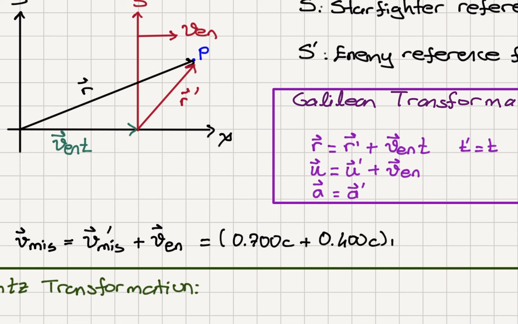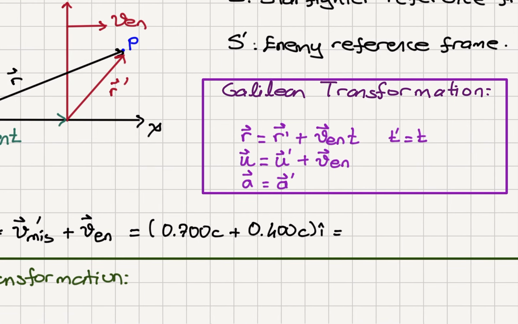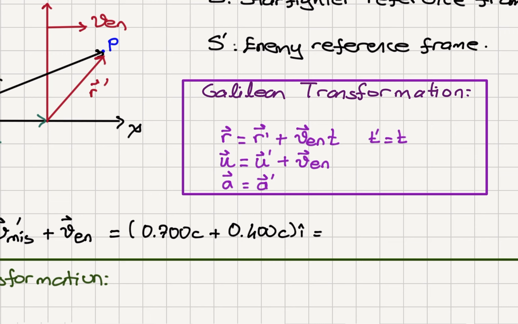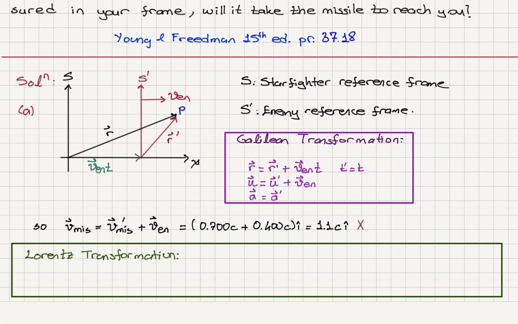So we would find that the velocity of the missile reported by the starfighter reference frame would be 1.1 c i hat. And we know that that contradicts the basic postulates of relativity: nothing can move faster than the speed of light. So we have an upper limit on velocities. Therefore, this answer is not correct.